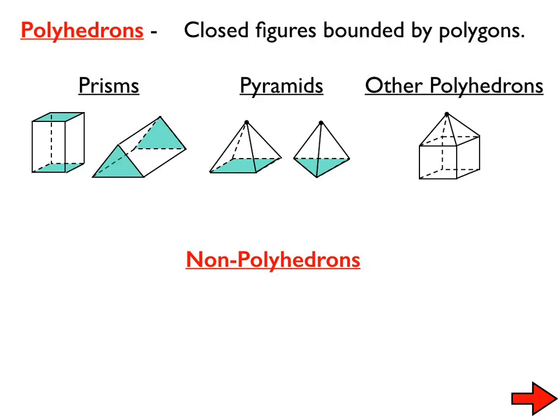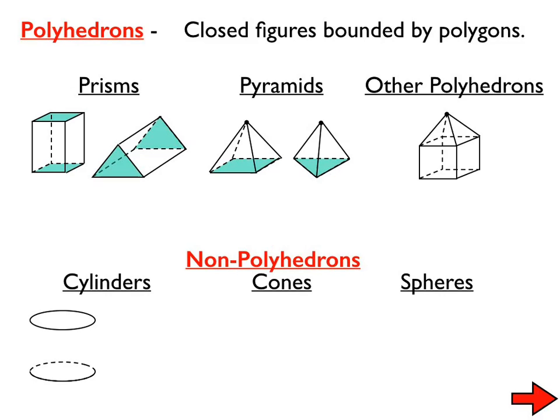And then we have three-dimensional shapes that are non-polyhedrons, and the reason is because they're not made up of closed figures bounded by polygons. So we have cylinders and cones and spheres. A polygon is a shape with sides. Well, it should be clear to you that a cylinder doesn't have sides. It has circles instead of polygons. So sometimes we call this a right circular cylinder, sometimes just a cylinder.